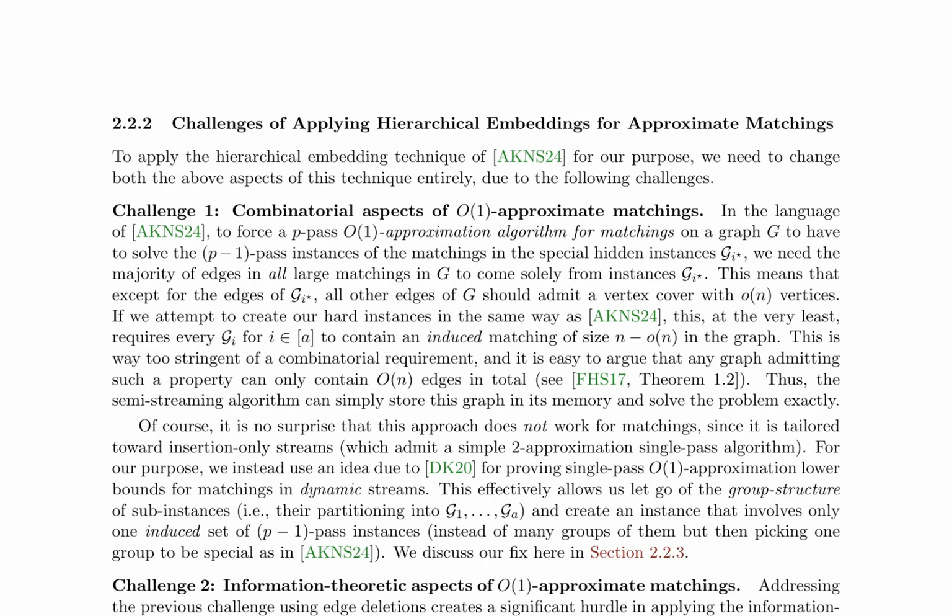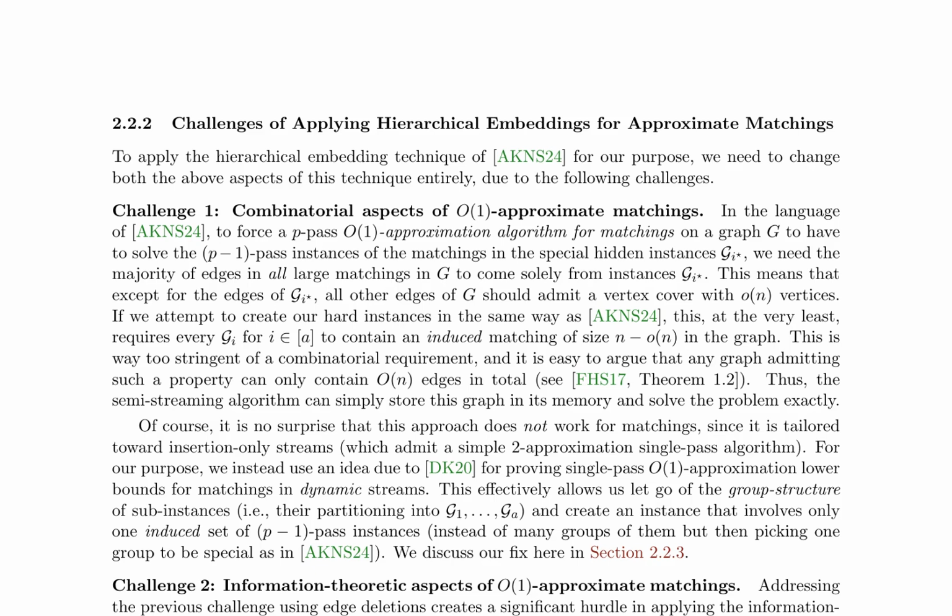The paper discusses the challenges of applying hierarchical embeddings for approximate matchings in dynamic streams. It highlights two main challenges: combinatorial aspects and information theoretic aspects. The authors address these challenges by borrowing ideas from previous works, such as DK20 for combinatorial constructions and AKZ24 for information theoretic arguments.